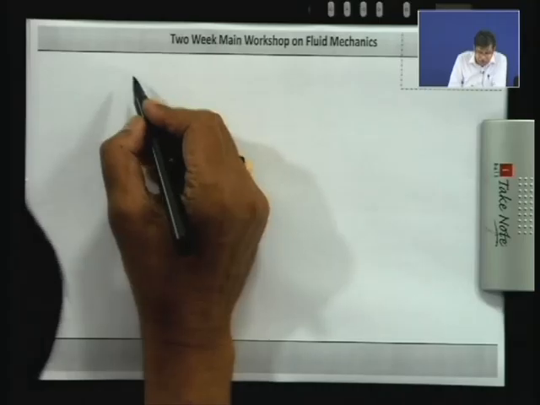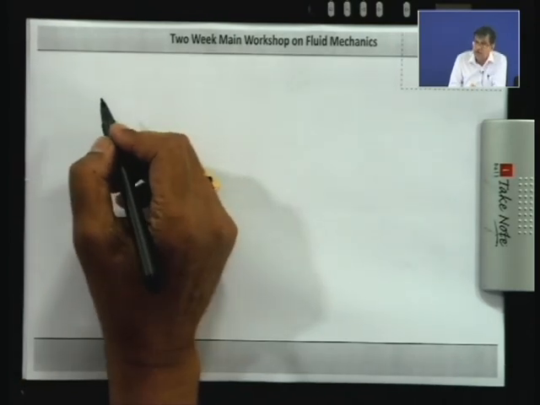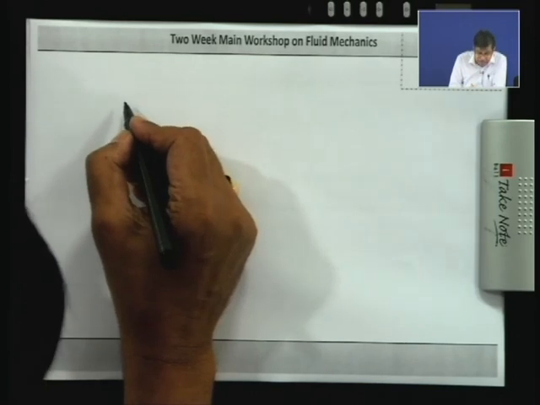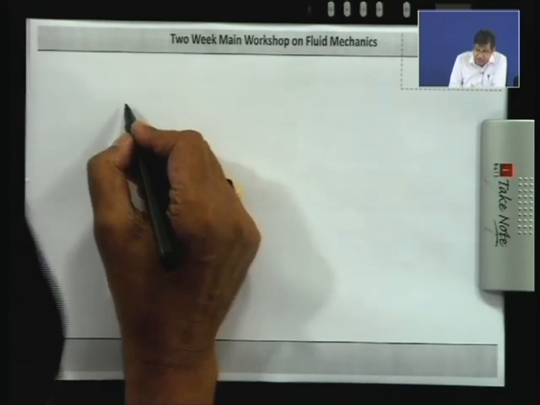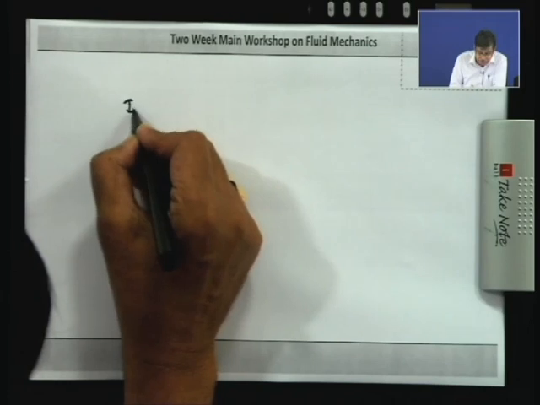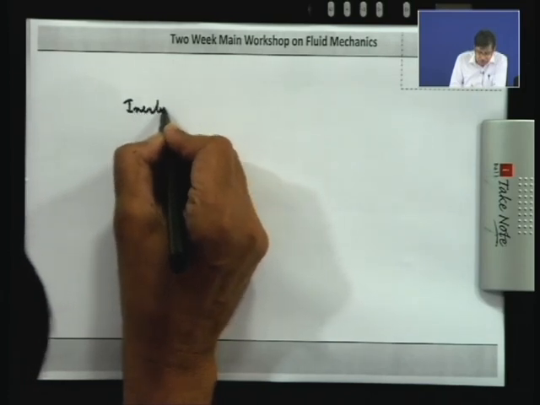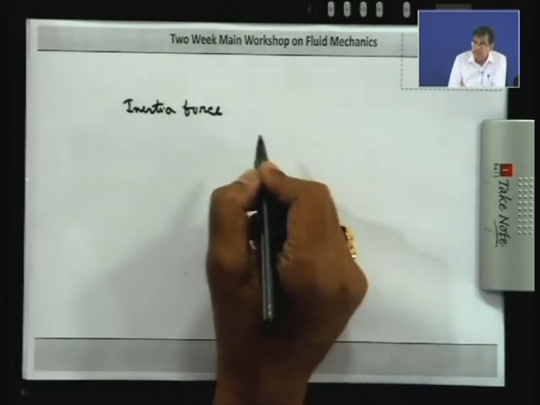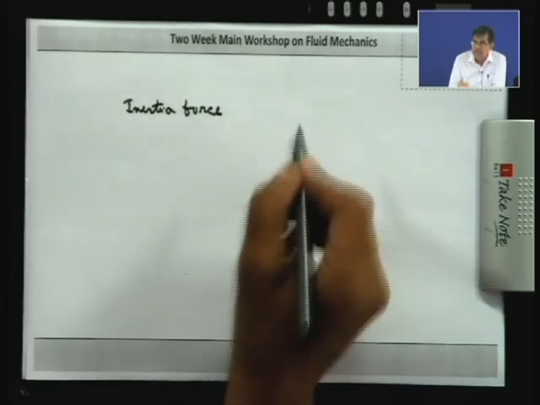Now what are the forces acting on a fluid flow? In general, the forces acting in a fluid flow include inertia forces. Inertia force we know is the negative of the resultant force caused by other forces.